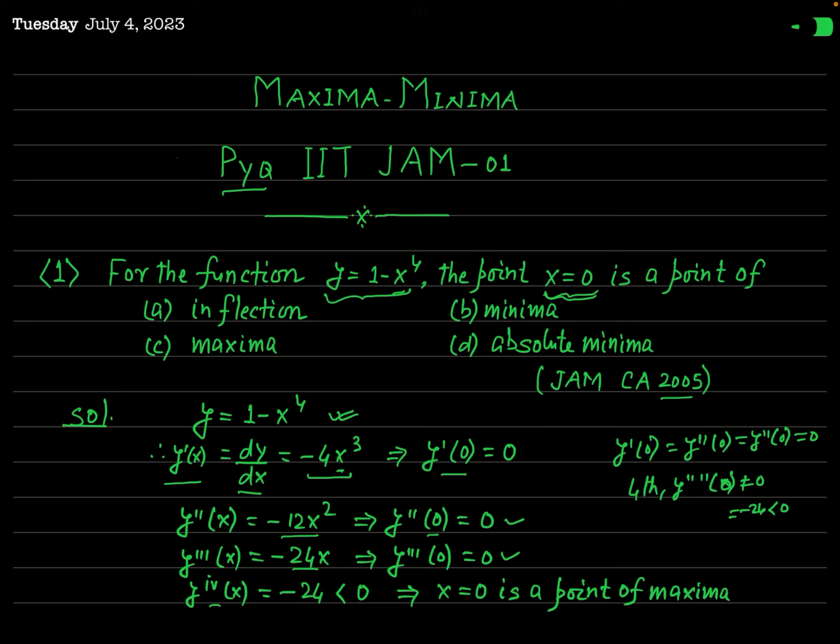And you have learnt in the nth order derivative test that if the nth order derivative is not 0 and it is negative, and the order of differentiation is even, here the fourth order means n is equal to 4, then that critical point corresponds to the maximum value of the function. So you can easily say that this point x equal to 0 corresponds to the maximum value of the function.